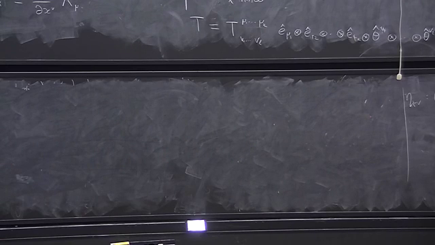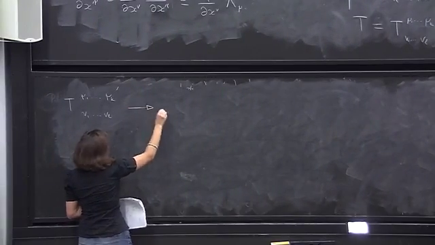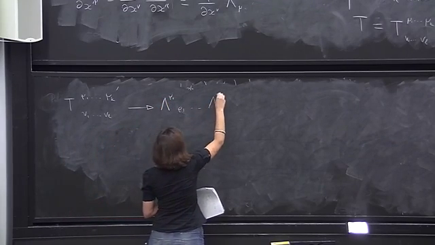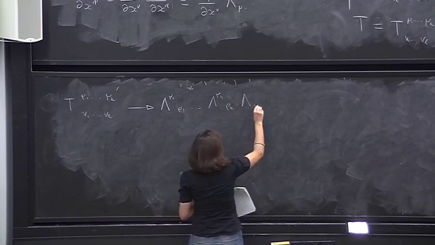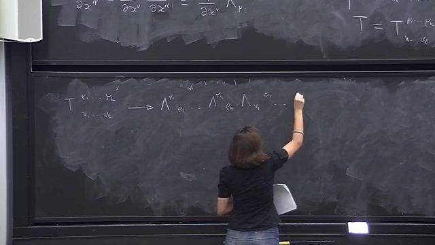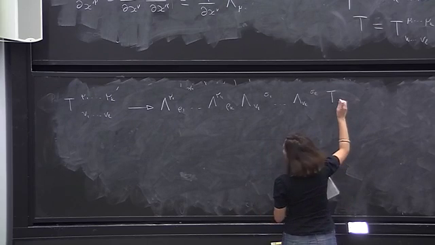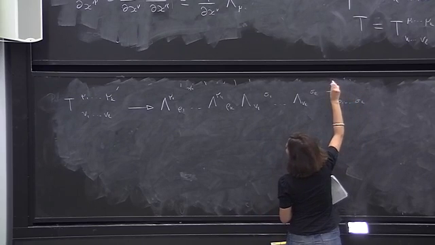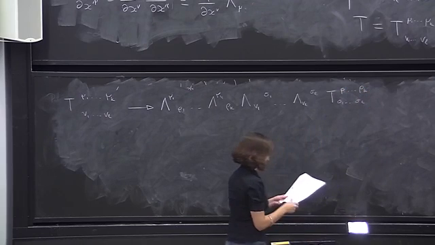So under a Lorentz transformation, T mu1 to mu k, nu1 to nu l will go to lambda mu1 rho1 up to lambda mu k rho k, and then the inverse lambdas with sigma1 up to sigma l, times T sigma1 to sigma l, rho1 to rho k.